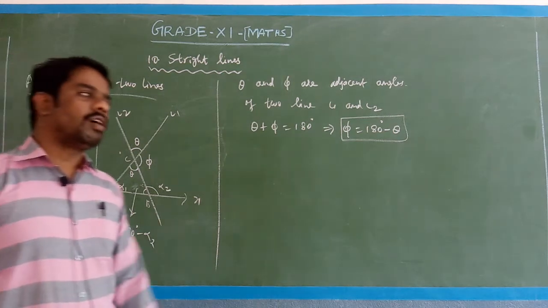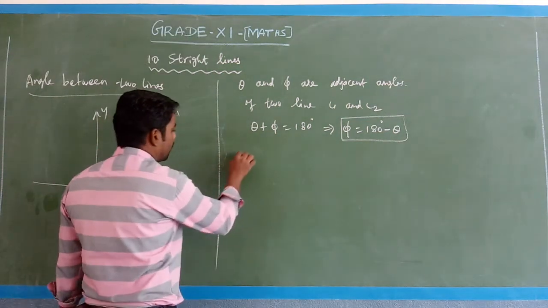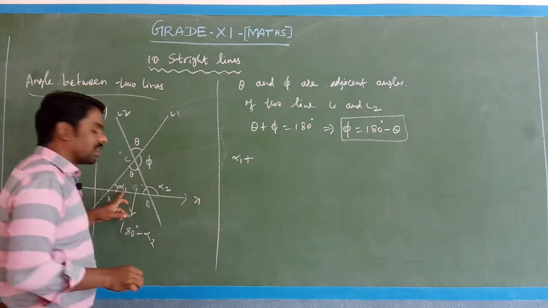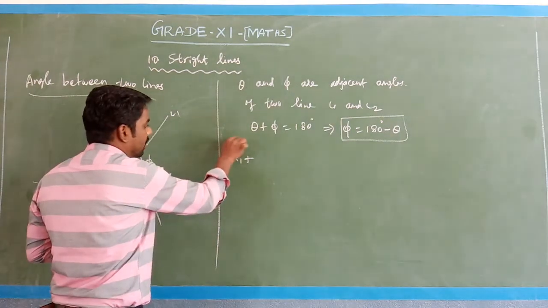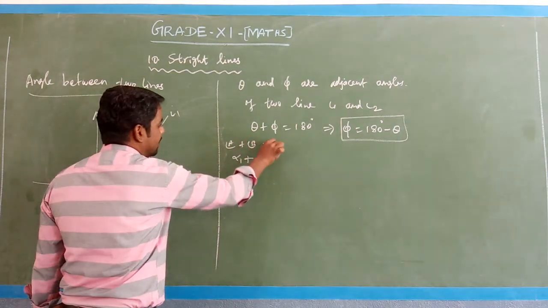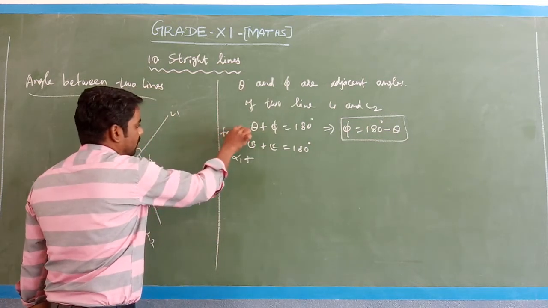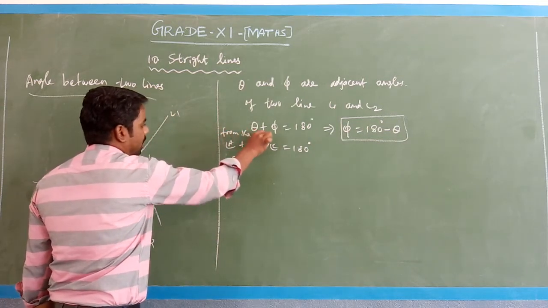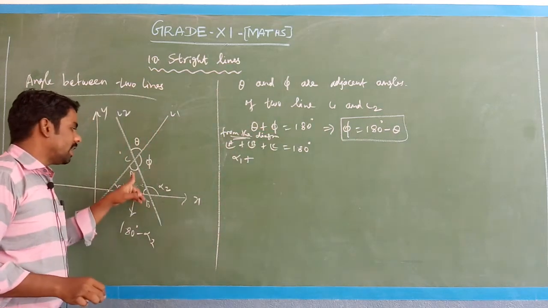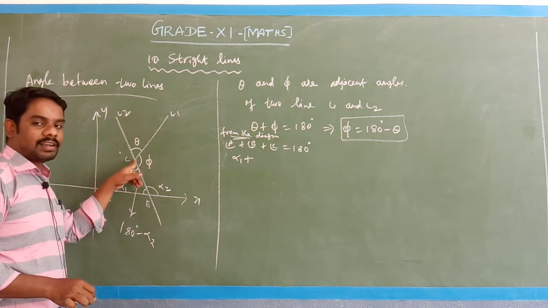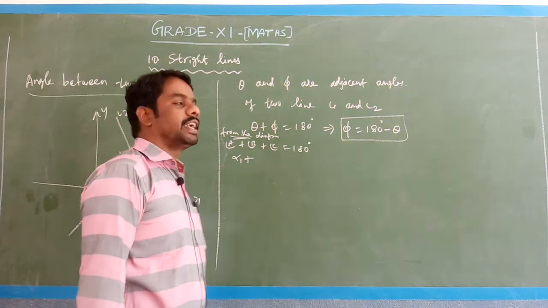The sum of three angles in a triangle is 180 degrees. From the diagram, angle A plus angle B plus angle C is equal to 180 degrees.